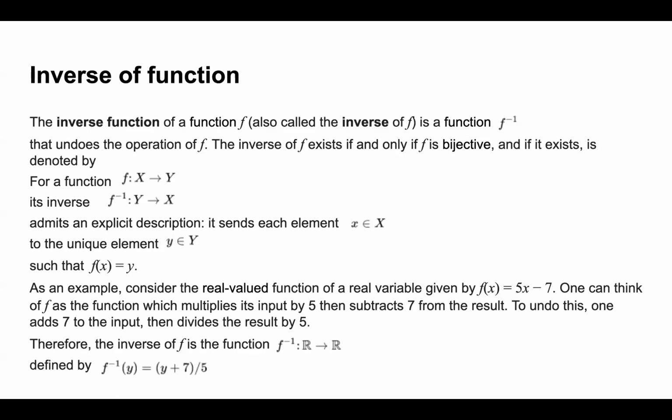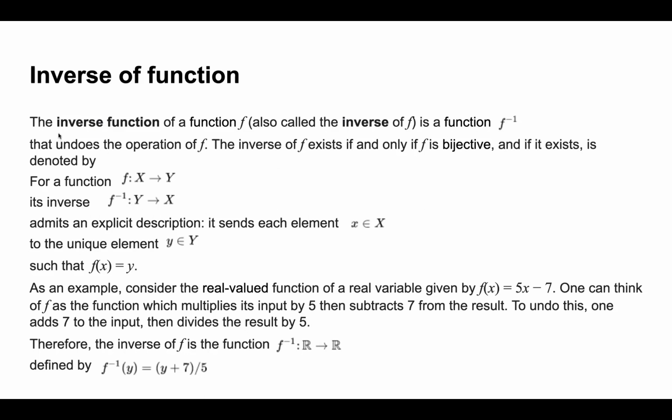Then the next term we are going to see is the inverse of a function. What is the inverse of a function? The inverse function of a function f is a function called f inverse, that undoes the operation of f. Whatever operation is performed by function f, that is undone.